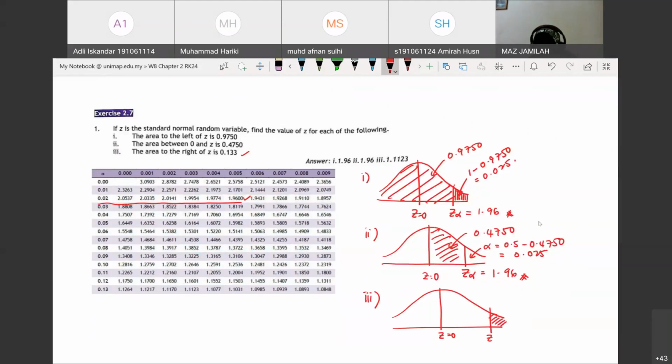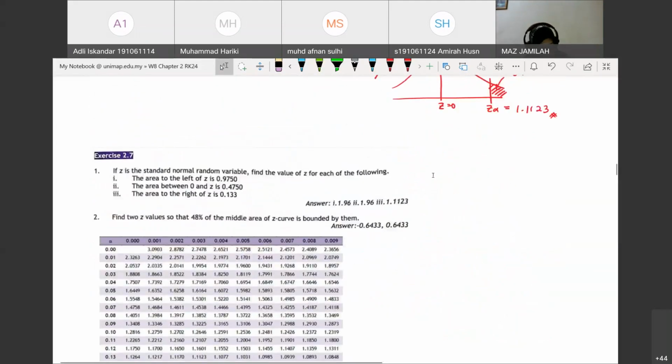So Z alpha here, alpha is given by 0.133. So look for 0.133. 0.133 is this one. So Z alpha is 1.112. So that would be for the first question.